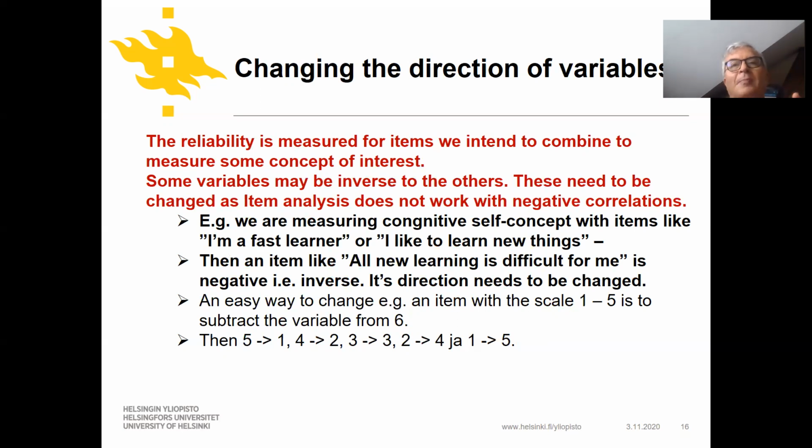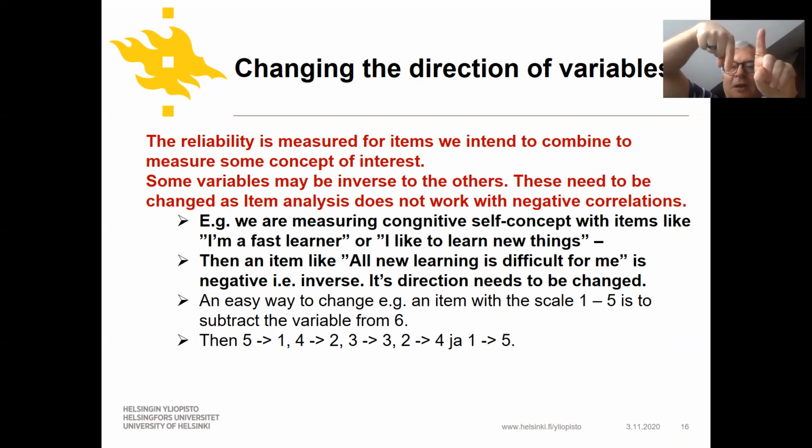But you could equally well approach the same thing, length, by asking, are you short? Now, one would be kind of positive. So the high values would indicate that you have a lot of length. The low values would indicate that you are short.